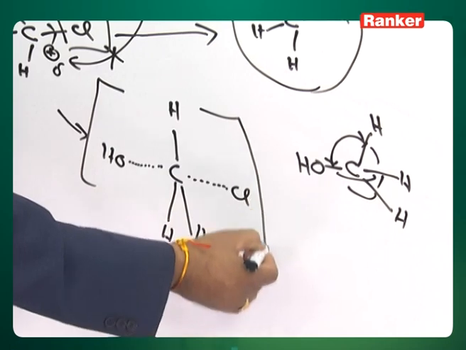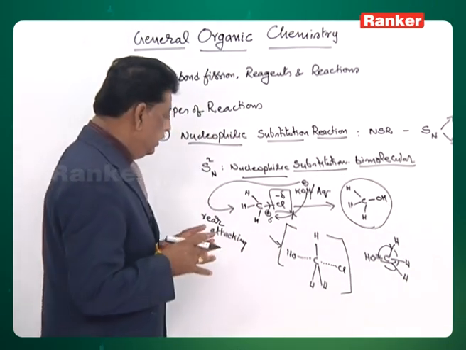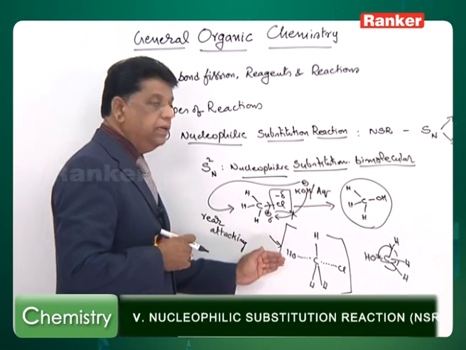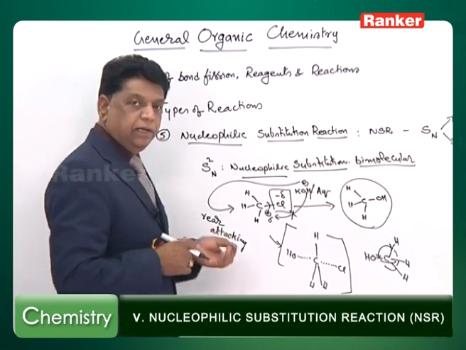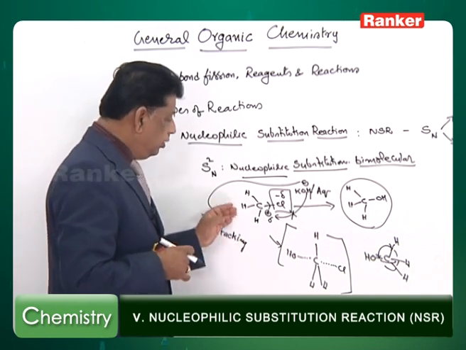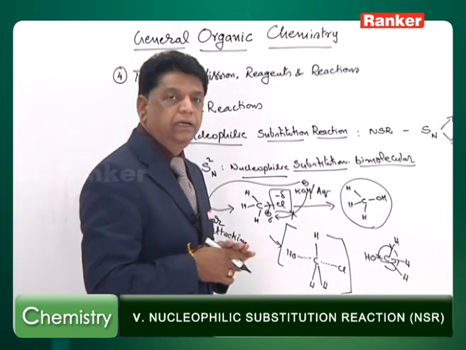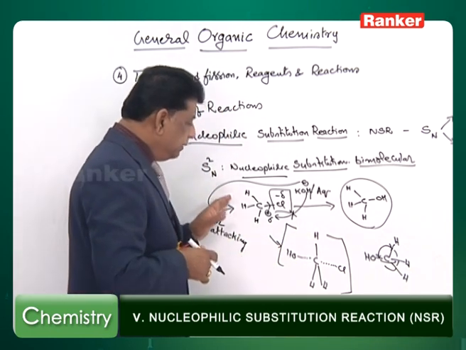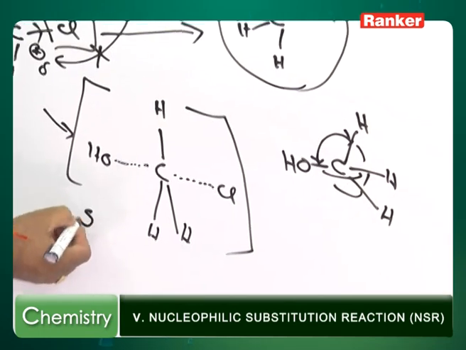This may be an intermediate situation, but it is not an intermediate, because step 1 is not completed. As I said, we accepted step 1 completed means an intermediate. Here step 1 is not completed, and slowly the bond is forming. So we cannot say it is an intermediate species. It is passing through a stage that I call a transition state.